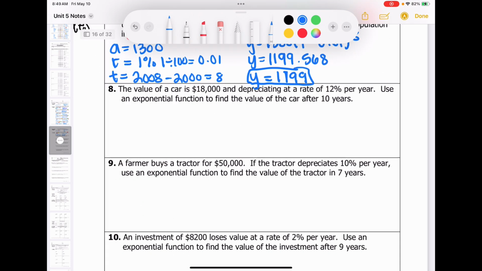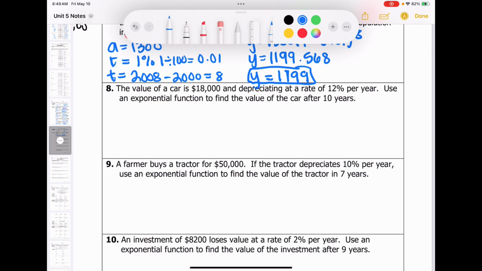All right, number 8, the value of a car is $18,000 and depreciating at a rate of 12% per year. So depreciating means decrease. You may see that on some assignments or tests instead of saying decrease, so just be aware of that. Use the exponential function to find the value of the car after 10 years. So our A is 18,000, our R is 12%, which would be 0.12.